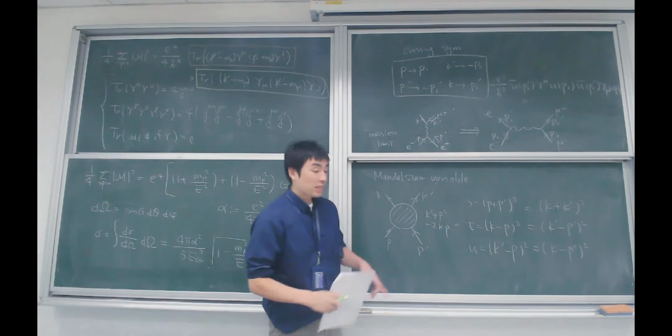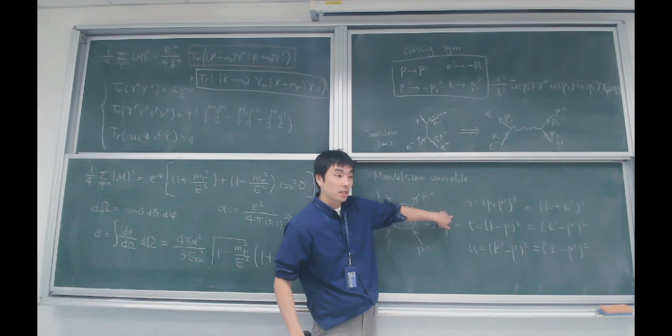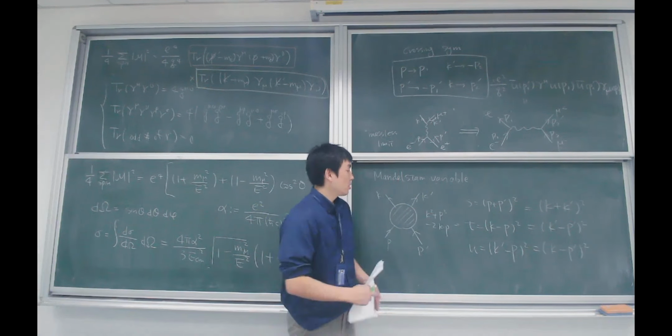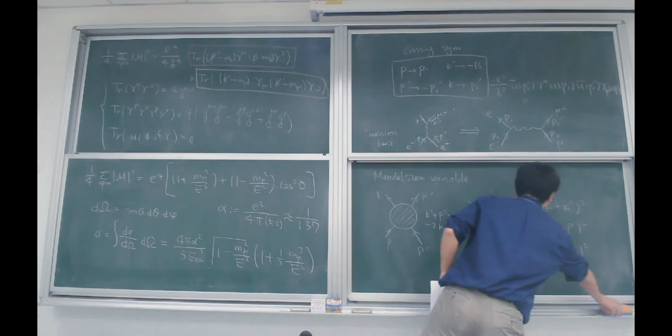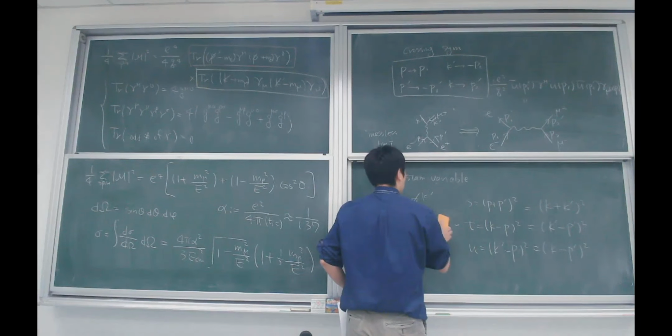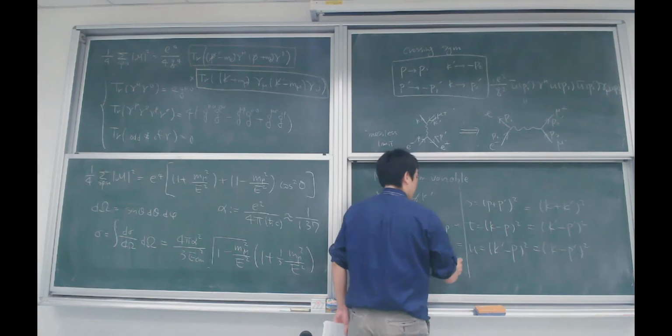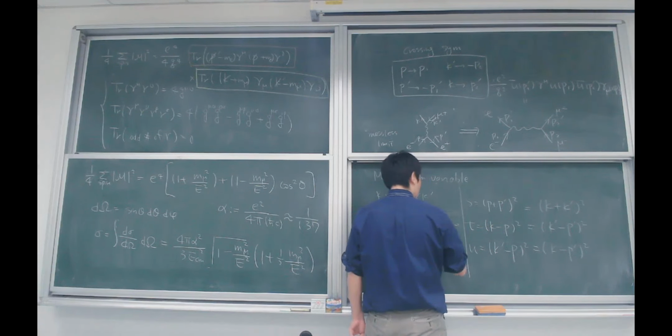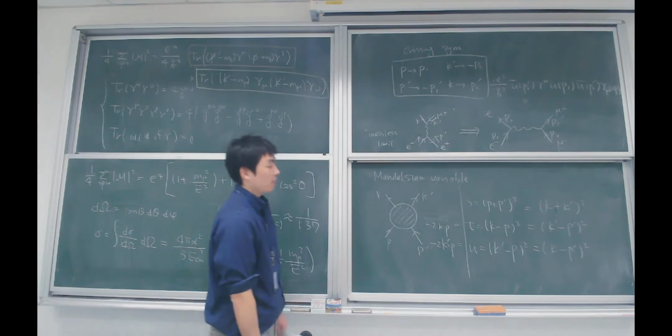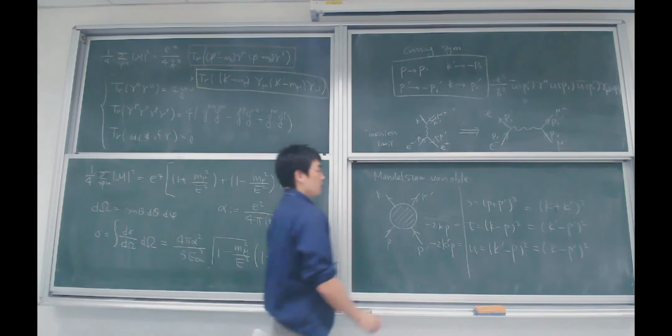But in the massless limit, k squared and p squared are equal to 0. So therefore we will get 0 here, and the same thing happens: minus 2k dot p.